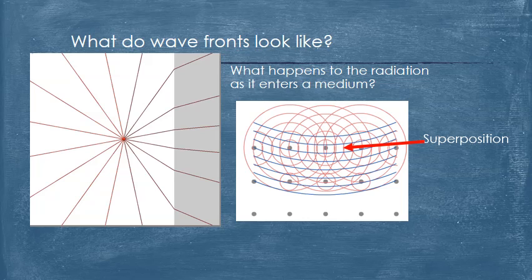If you remember, that's where when you have multiple waves in a medium, to get the total displacement of the medium, you add up each individual displacement caused by each ray. The red dot shows you a point where two waves are intersecting, and this can happen at multiple points in this situation. So here, there, there is where you're going to have superposition taking place.